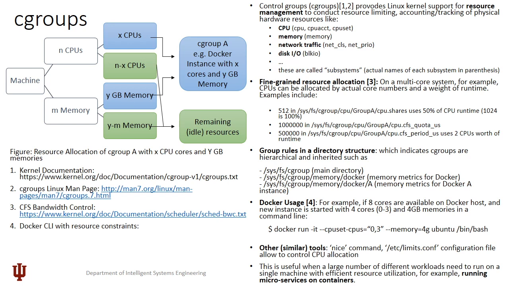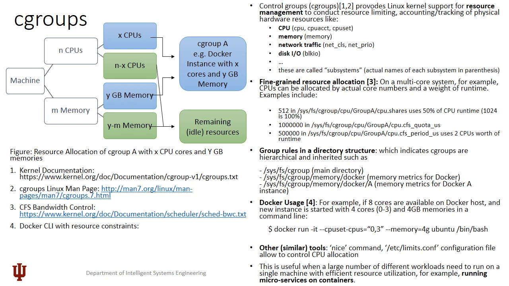When we are looking at a machine that, for example, has n CPUs and m memory in it, we can say, I would like to have from these n CPUs X amount of CPUs and Y amount of memory. This is then associated with the instance, and the C groups are responsible for making sure that that particular allocation takes place.